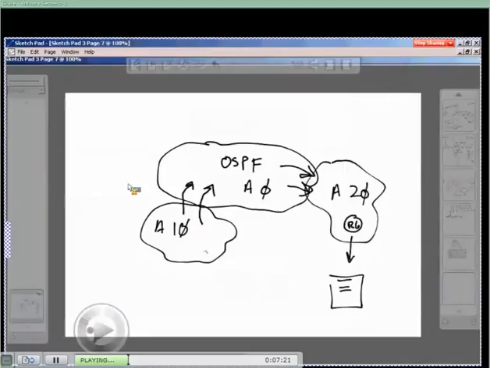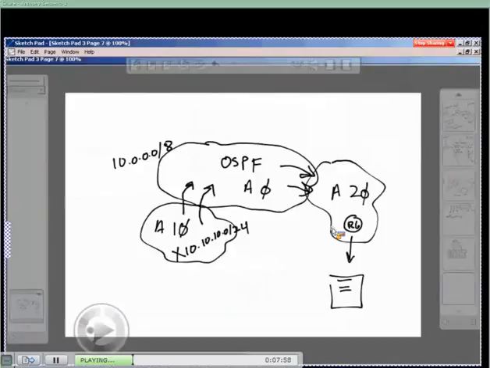But there's another very powerful benefit. Let me put some numbers to this. If we're advertising the 10 summary into the backbone, then into area 20, we're saying the only place we've used the 10.x subnets is in area 10. If that's one of the summaries we send, and something happens in here to the 10.10.10 subnet, this information doesn't have to be communicated into all of these other domains.